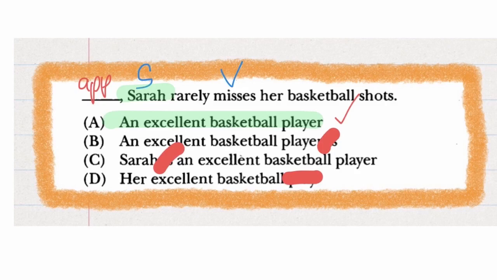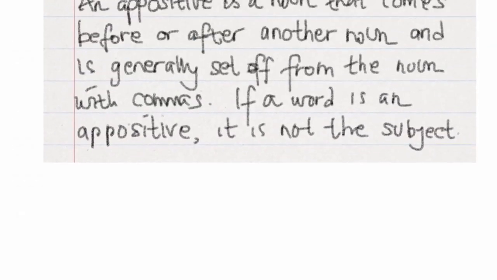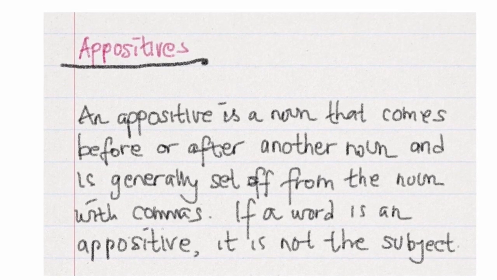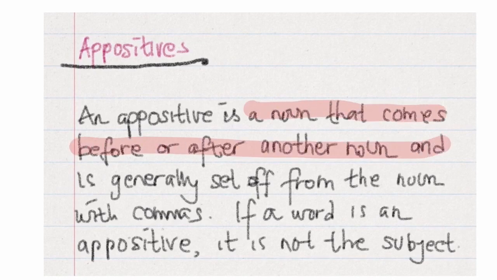The following outlines the key information that you should remember about appositives. An appositive is a noun that comes before or after another noun and is generally set off from the noun with commas. If a word is an appositive, it is not the subject.